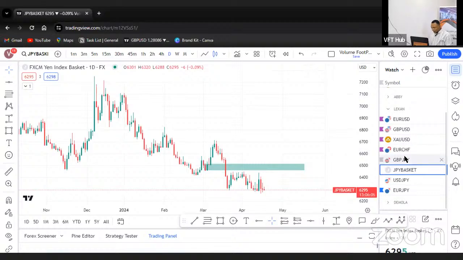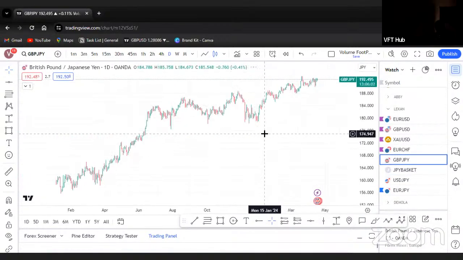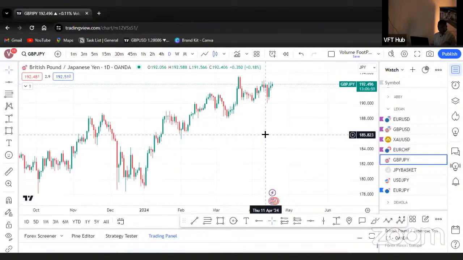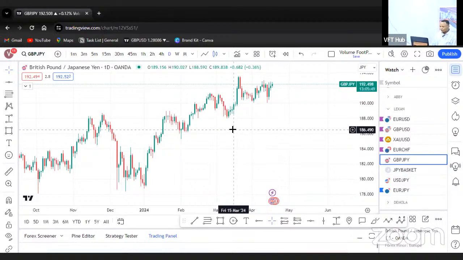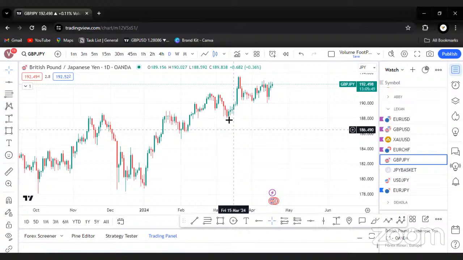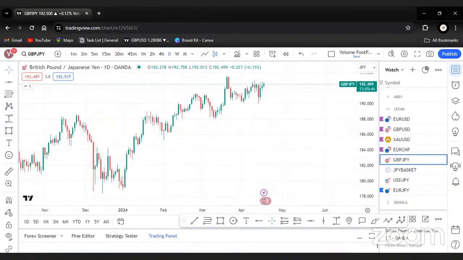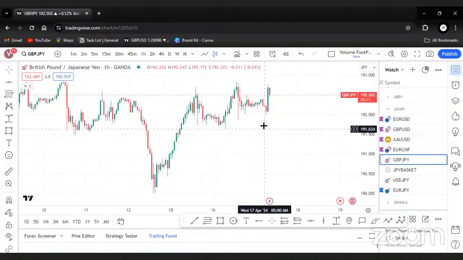All right, so let's look at GBP JPY. On GBP JPY, we're looking to see some further spikes to the upside, because of the CPI that was released today.